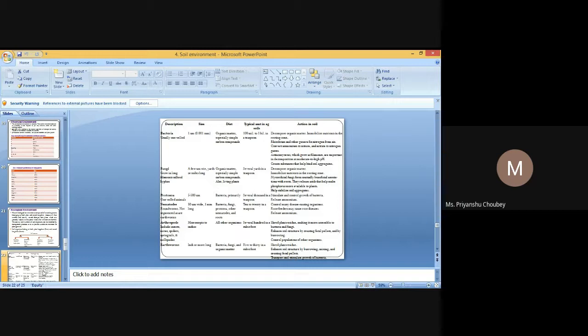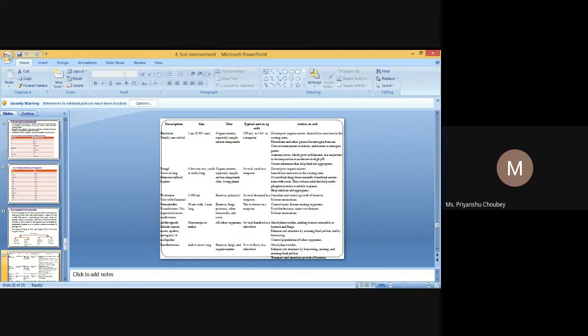Fungi grow in long filaments called hyphae. A few fungi are microscopic, some are miles long. They feed on organic matter, especially simple carbon compounds, and also on living plants.